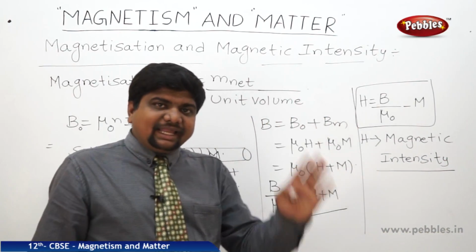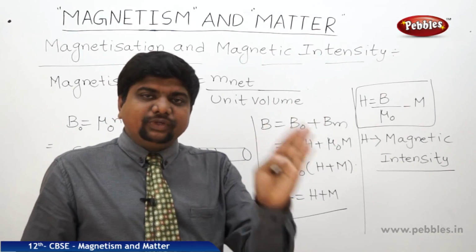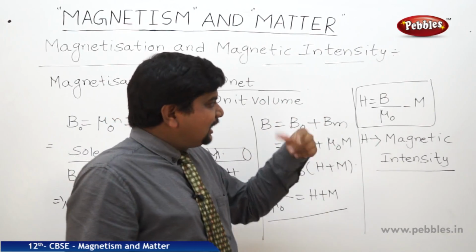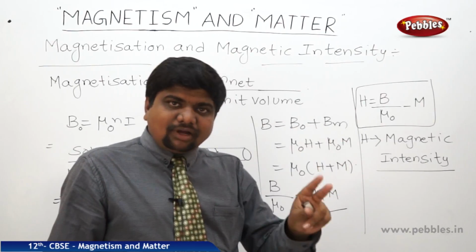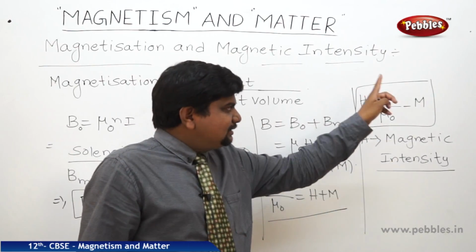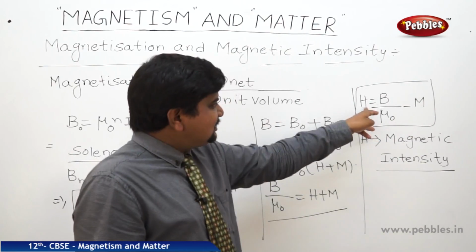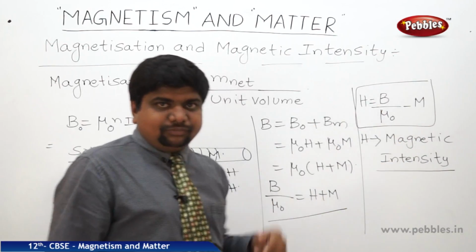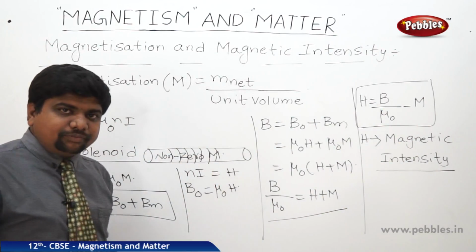So the total magnetic field due to a solenoid or any material is explained as the sum of magnetic intensity plus M. What is this H and what is this M? We are going to discuss it now.